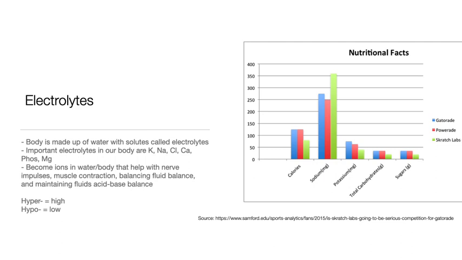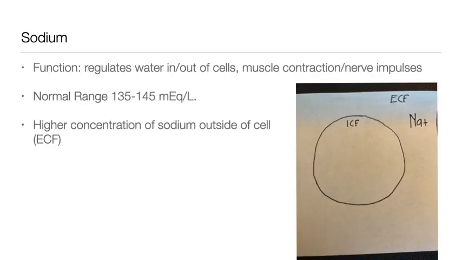I included this little diagram just to show, I know Gatorade is the most common electrolyte drink in the United States, but I actually used a different kind with less sugar and less total carbs, called Scratch Labs, and I was just curious to see what that looked like. So you can see here the potassium content of each individual drink, some sports drinks compared. So let's start off with sodium.